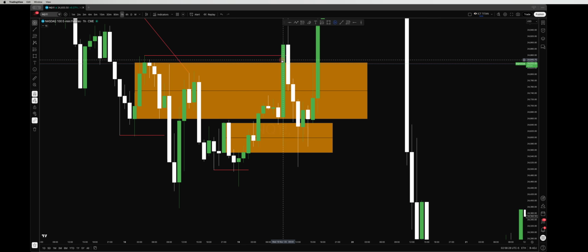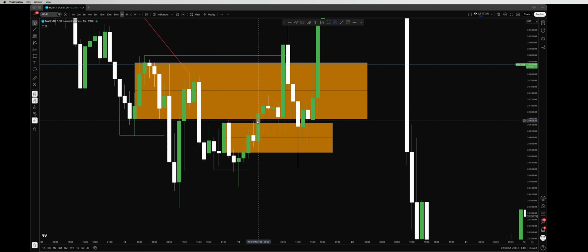We saw the move. Now what do you have here? You have a market structure shift here. Okay, where? On this candle. This is the market structure shift. Again, low, lower low, breaker activated, body went above this short-term high.